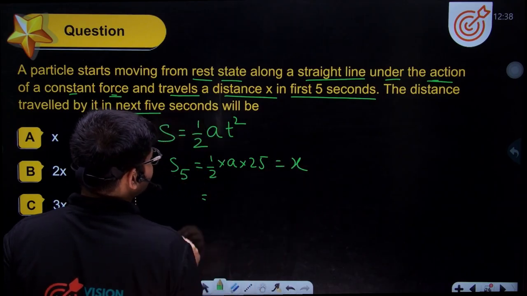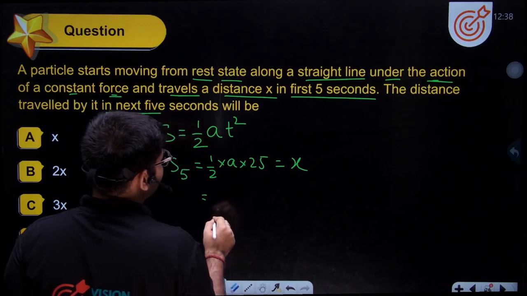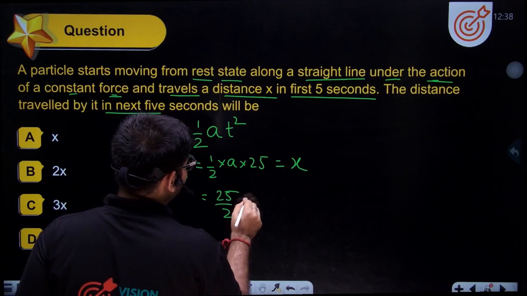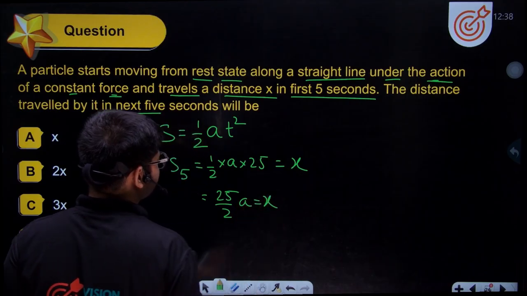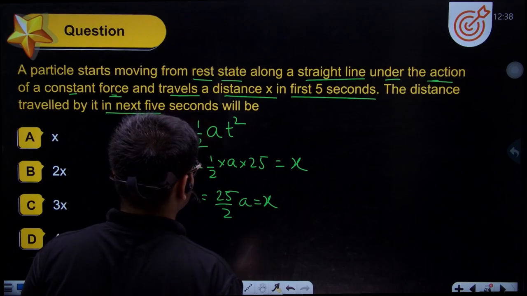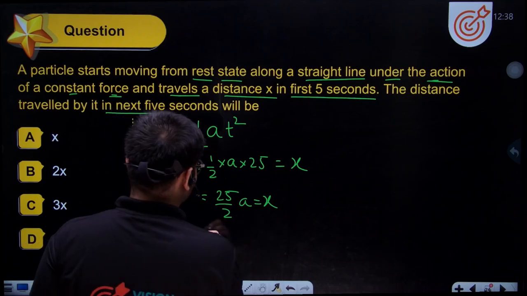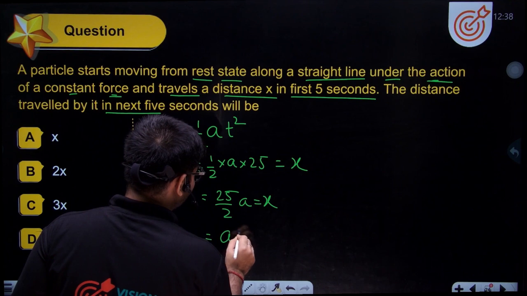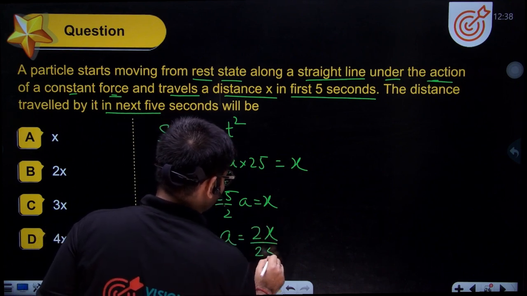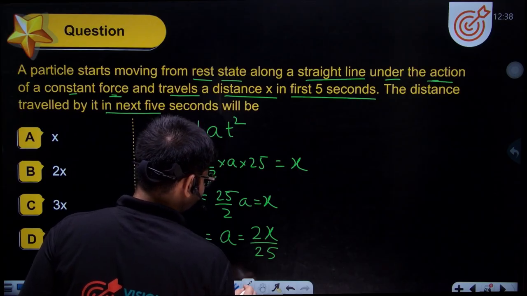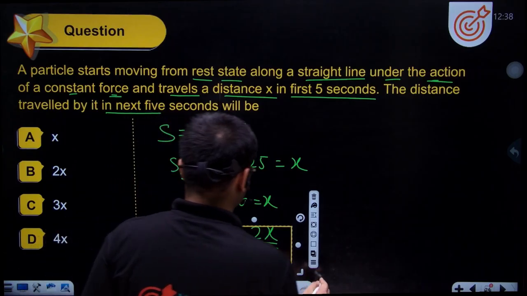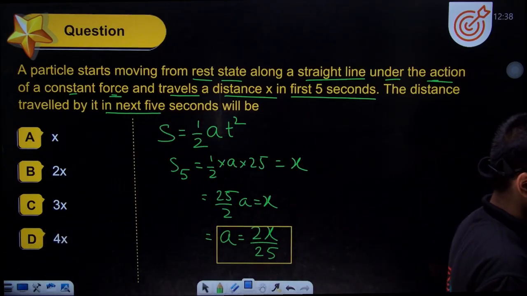So I can say 25/2 of a is equal to x. This is my x, or the a value I can write is nothing but 2x by 25. Let us keep it aside.